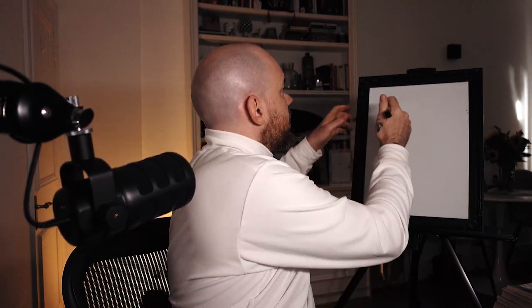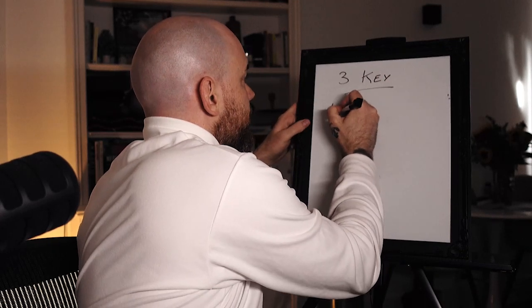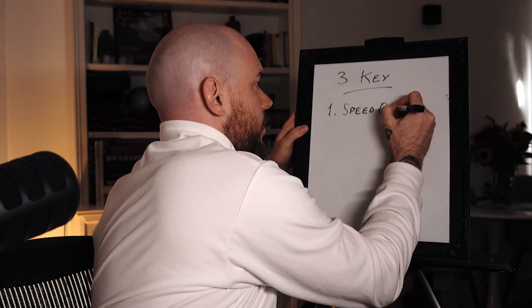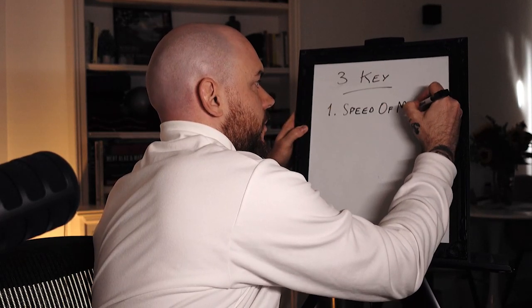Now, there are 3 keys to a professional workflow, and they are, number 1, the speed of your machine. This is the first one that everyone thinks of when things are going a little bit slow. They think, oh, my machine's a bit slow.